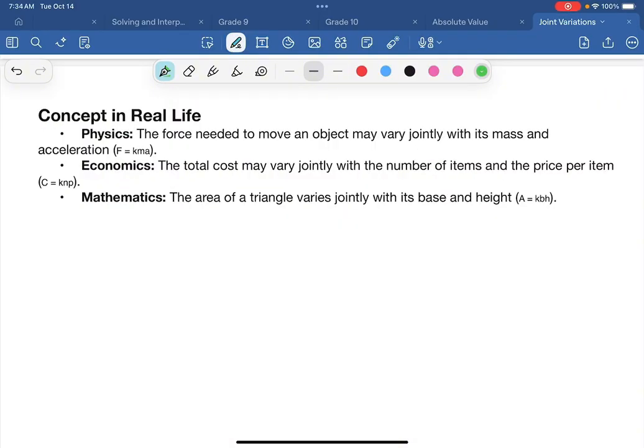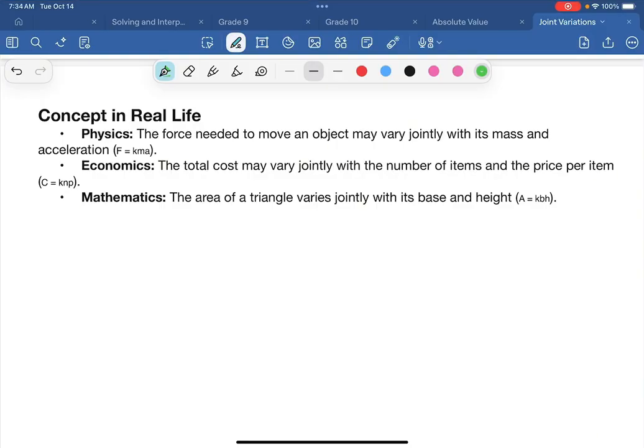In relation to concepts in real life, when it comes to joint variation, we can have physics, economics, and mathematics. In physics, the force needed to move an object may vary jointly with its mass and acceleration. So we have here the given formula in which F varies directly as M and A. For economics, the total cost may vary jointly with the number of items and the price per item.